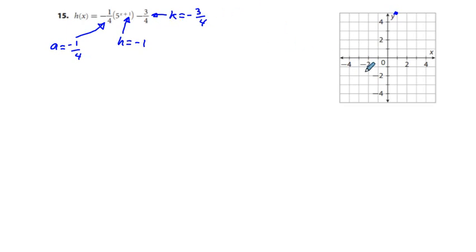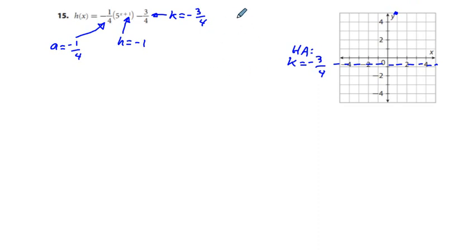And let's go ahead and draw in our horizontal asymptote. So we have k equals -3/4, and I'll write this in here. It's going to be about here. So k is equal to -3/4. So there that is. That's our horizontal asymptote.